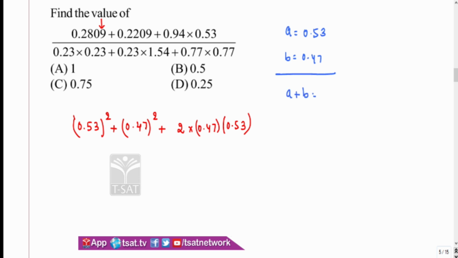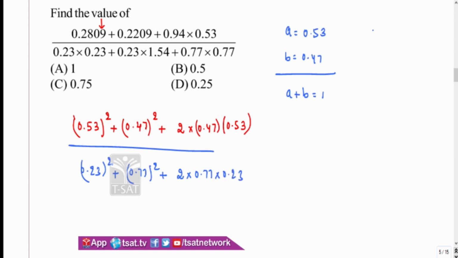Now, a plus b is 1, which means the entire numerator becomes 1. In the denominator also, it is 0.23 whole square plus this 0.77 whole square, and 0.54 you can write as 2 into 0.77 into 0.23.